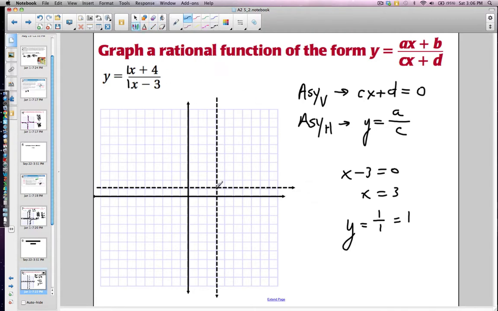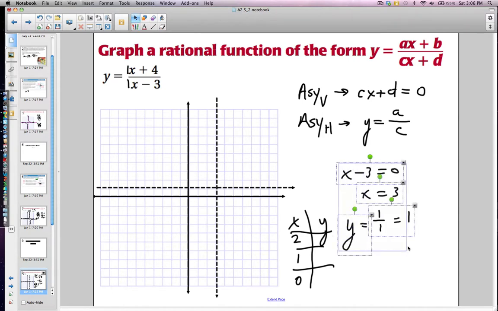Now I want to go ahead and do 3 points to the left or 3 points to the right. I'm going to do the left again because I can do 4, 5, 6, or I can do 2, 1, 0. I'm going to do 2, 1, 0. My value of x has to go in both places, in place of x.